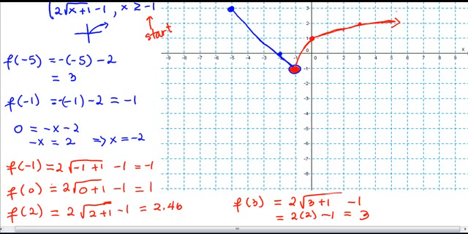Now we can look at the graph and determine what the range is. The range means the y values. By looking at the graph here, for the range, we start at minus 1, include minus 1, and then this graph goes continuously, forever. So we go to infinity. So that would be the range.